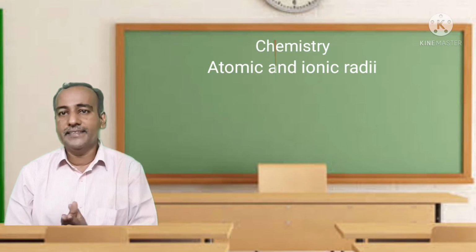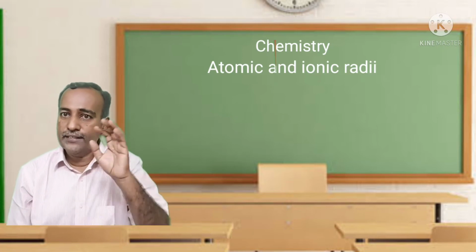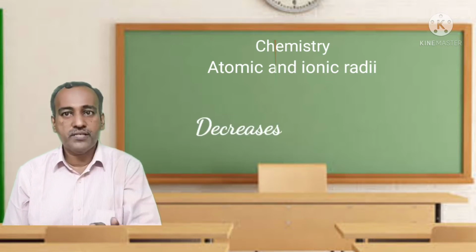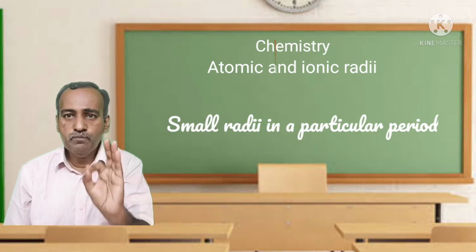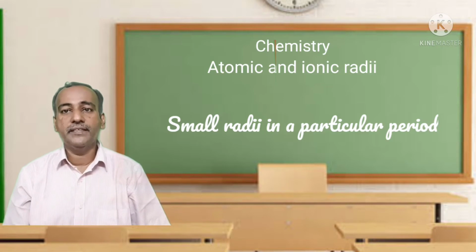Atomic and ionic radii. We know when we move from left to right, atomic radii decreases. That means halogens possess very small atomic radii in the corresponding period.